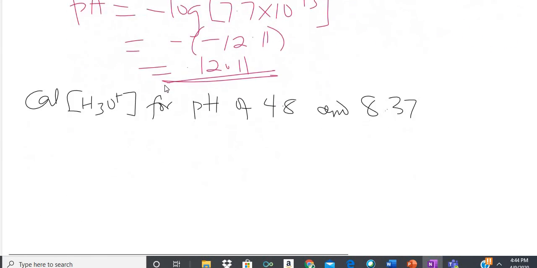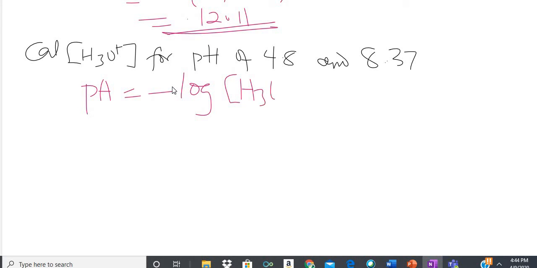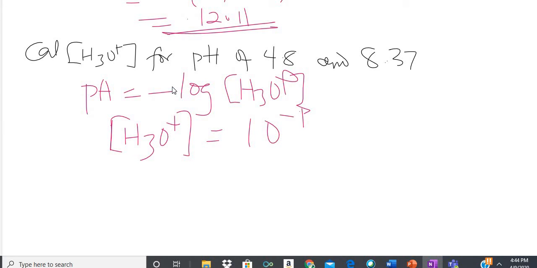Right, the last example I have here is calculate the hydrogen ion concentration for pH equals to that. So we know already our pH is negative log of hydrogen ion concentration. And when we rearrange this, our hydrogen ion concentration is going to be 10 to the negative pH.